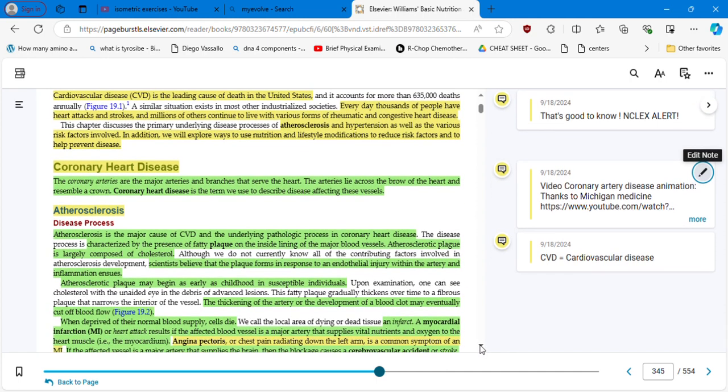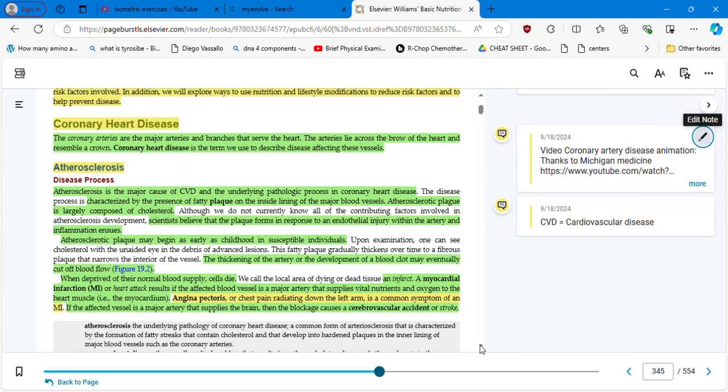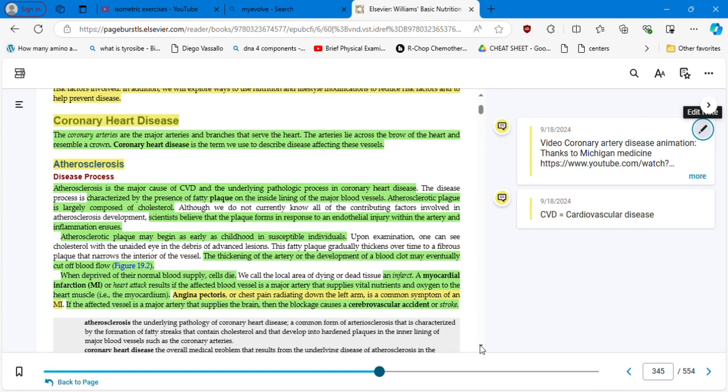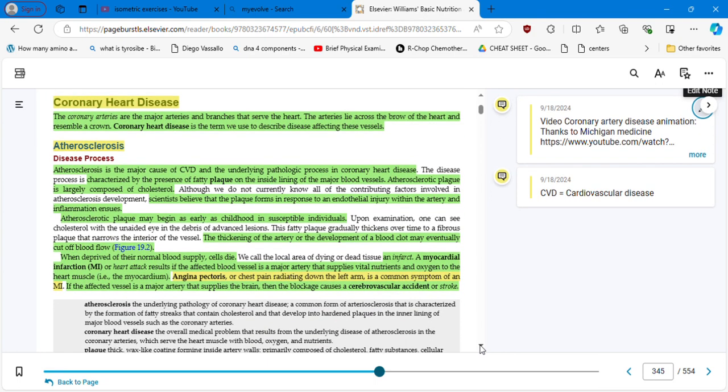So atherosclerosis is the major cause of CVD. What we saw in the video is the plaque of cholesterol, basically, right? It is the underlying pathologic process in coronary heart disease, characterized by the presence of fatty plaque on the inside lining of the major vessels.